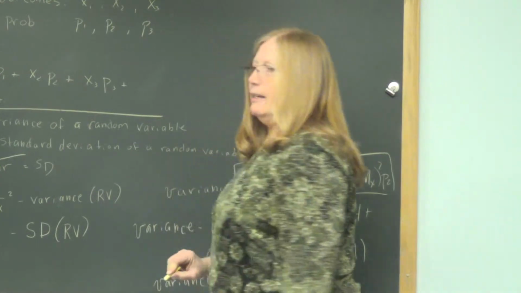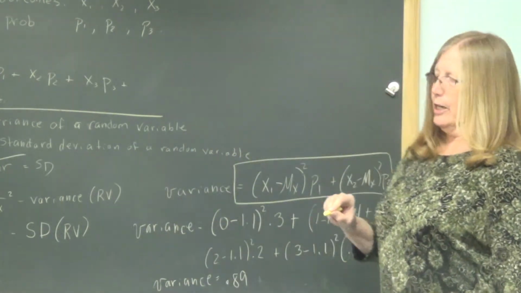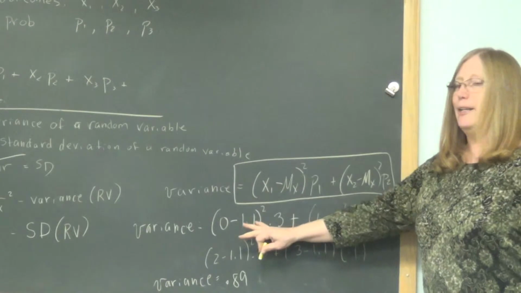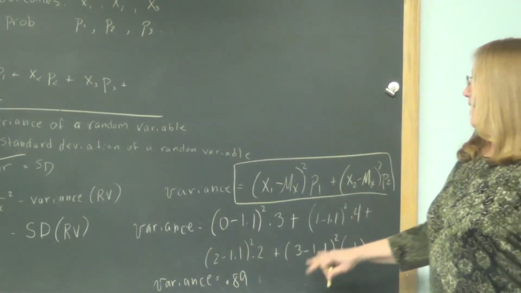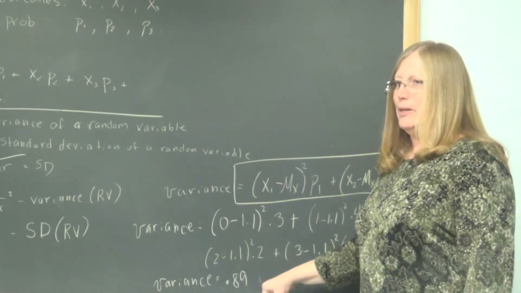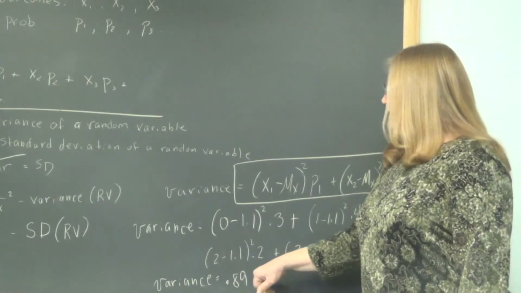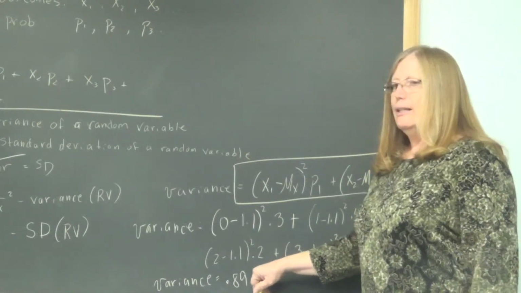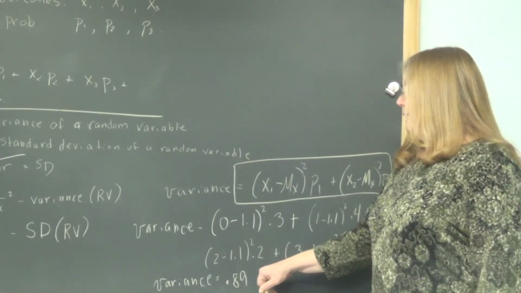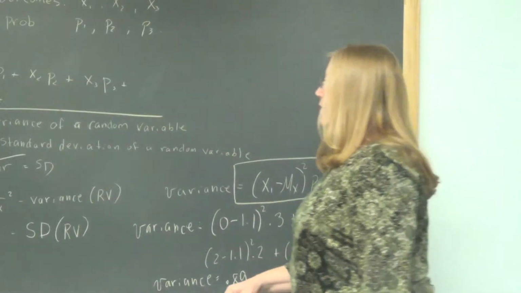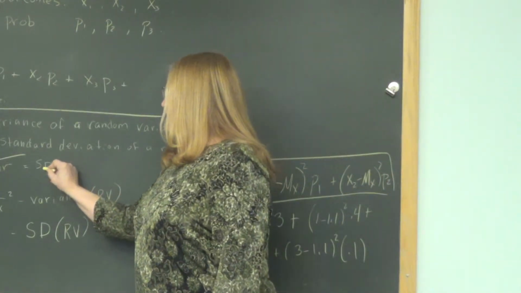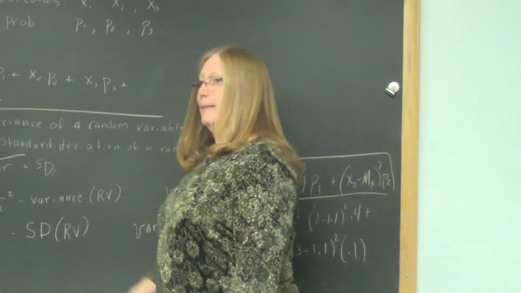If you didn't get that, don't sweat it, you probably tapped it in wrong. If you tried to put these numbers in and you got the wrong answer, don't worry, I'm sure it was something minor. The variance is 0.89. The variance is not what we really want though. We usually, in context, want the standard deviation.